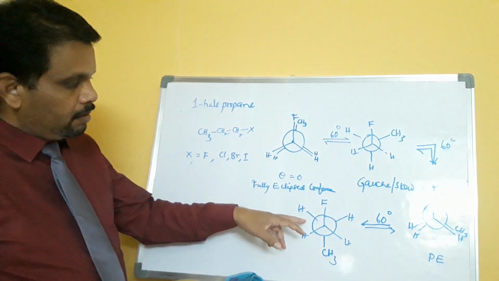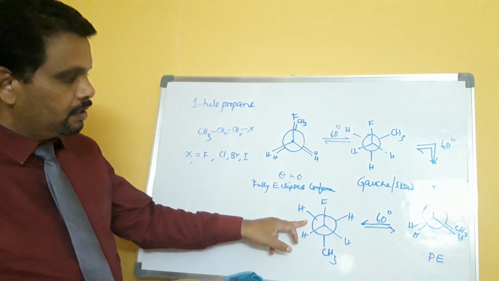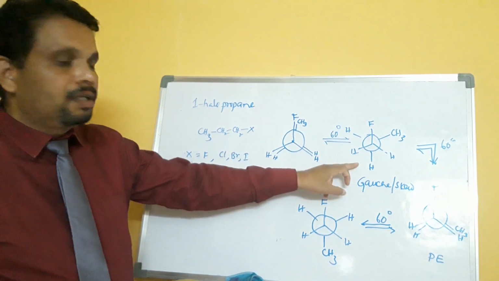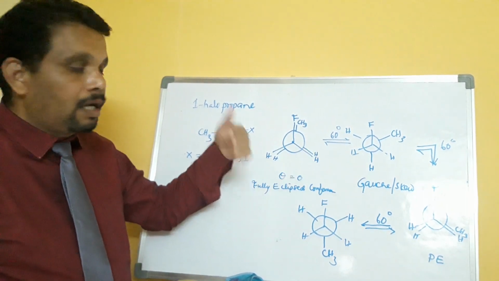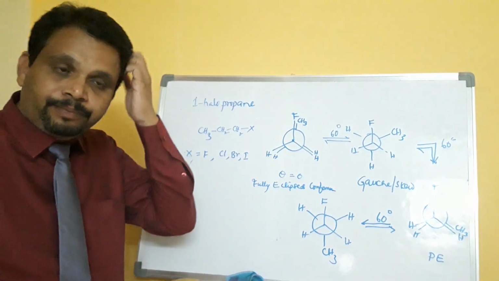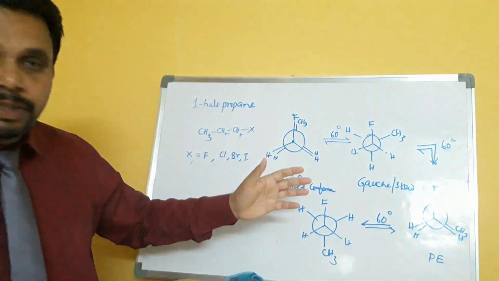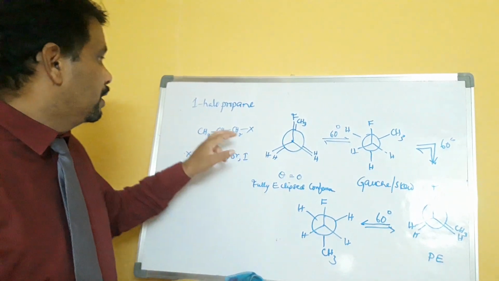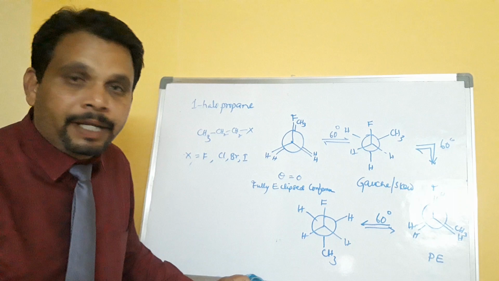Again if you rotate you will get a partially eclipsed conformer, again a gauche conformer, and again if you rotate 60 degrees it will become fully eclipsed. So they will repeat again. Therefore 4 different types of conformers are possible with 1-halopropane.